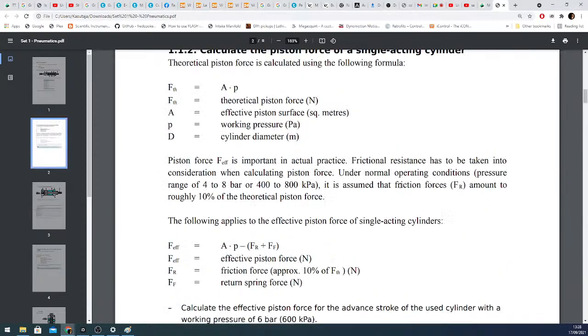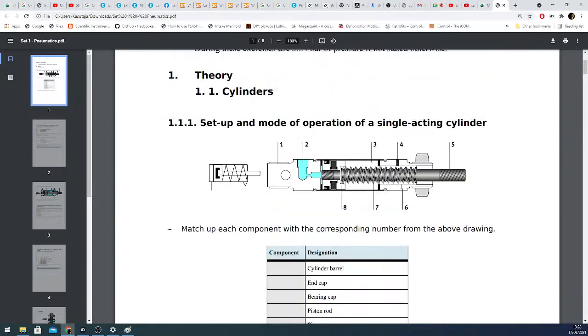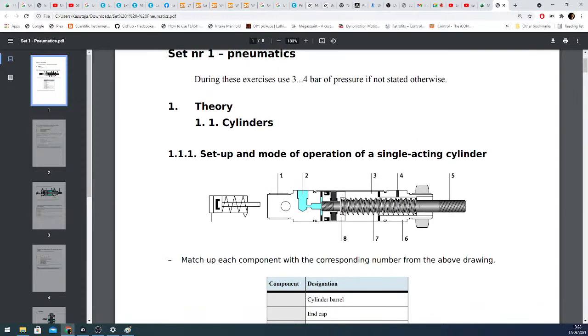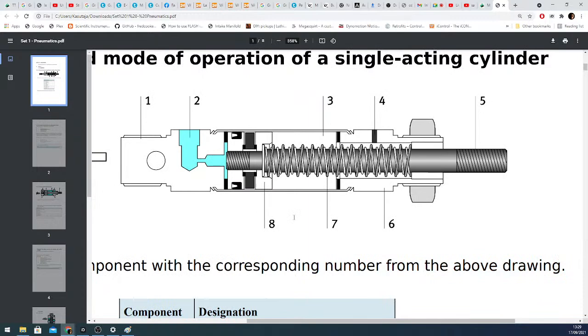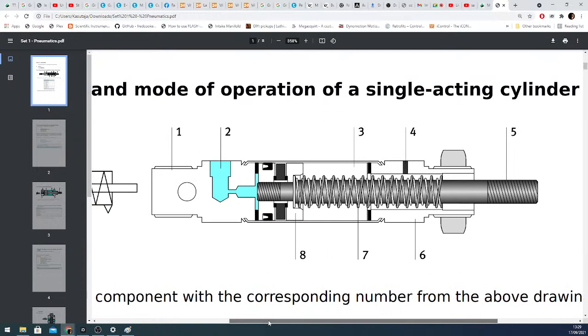Easier for control, but a little bit more difficult to produce, is this cylinder. This cylinder is called a single acting cylinder. It looks similar to the previous cylinder.